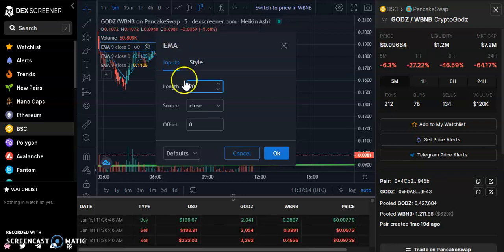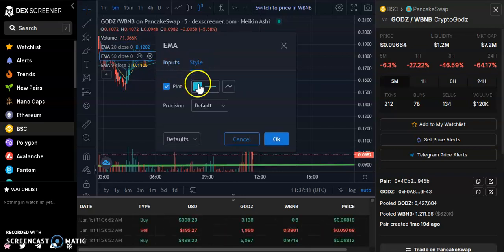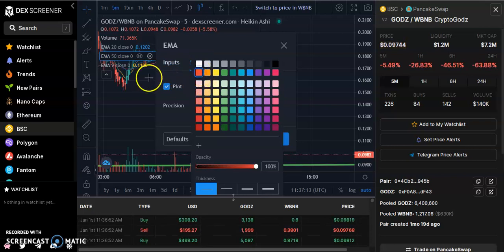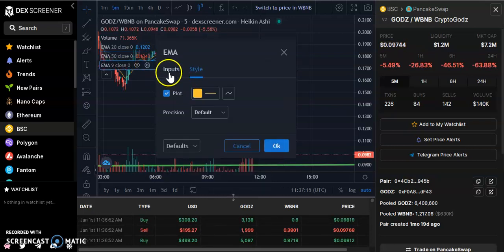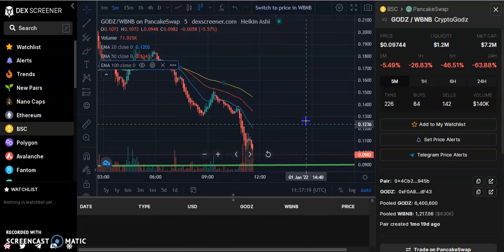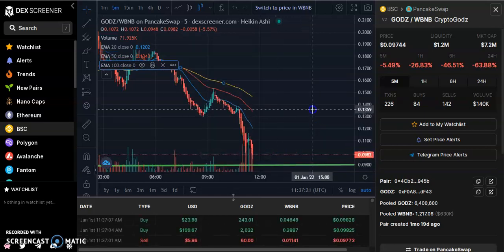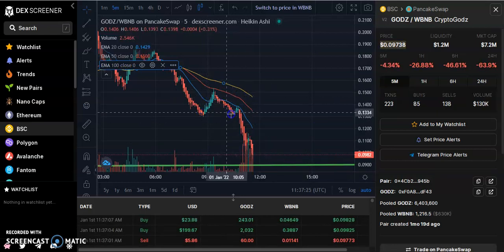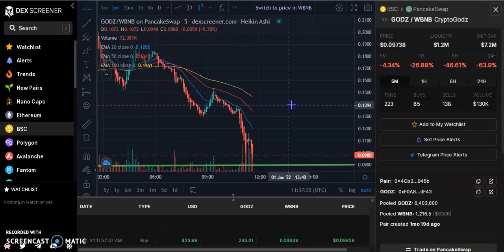So 20, 50. This one I change to red, and this one is yellow, 100. This way we can see which way the trend is going. Because the price chart is below the MAs, we are clearly in a downtrend.